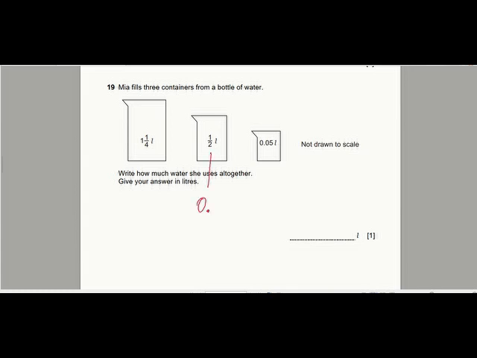So I'm going to say this is 0.5. Yep. And this is 1 and 1/4. I know 1/4 is equivalent to 0.25. So it is 1.25. 1 and 0.25. Yep. Now I am going to add all of them together.